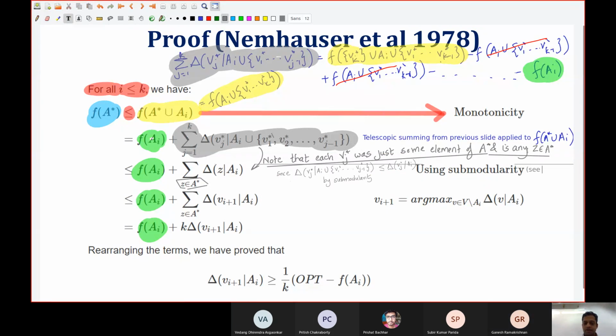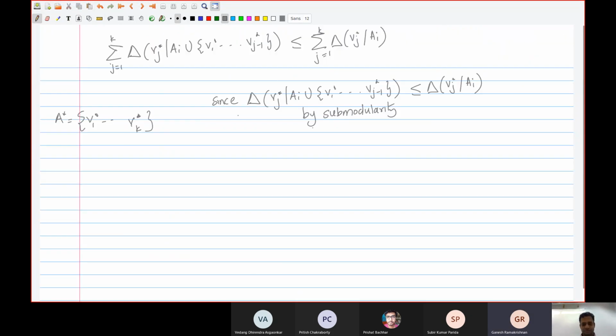C. But not only that, now I have also abstracted the name to Z. So I've said, okay, this is the same. Whether I call it Vj star or just Z doesn't matter, right?